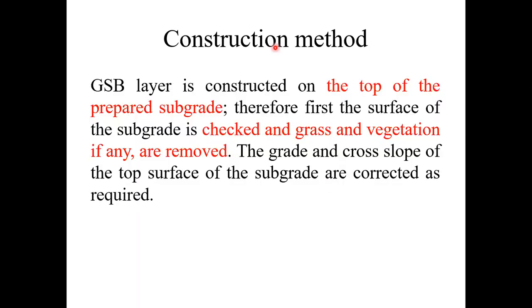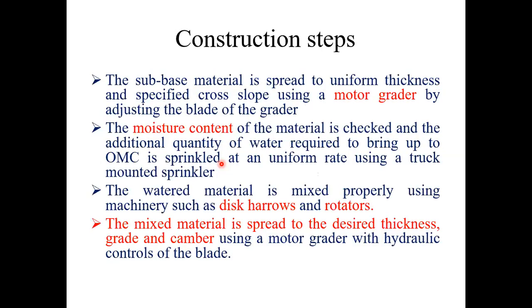Next, how you will construct: the GSB layer is constructed on top of the prepared subgrade. First you prepare the subgrade, and above it you prepare the GSB layer. You remove grass, vegetation or any debris. If any unwanted material is present on the top surface, you scarify and remove it.